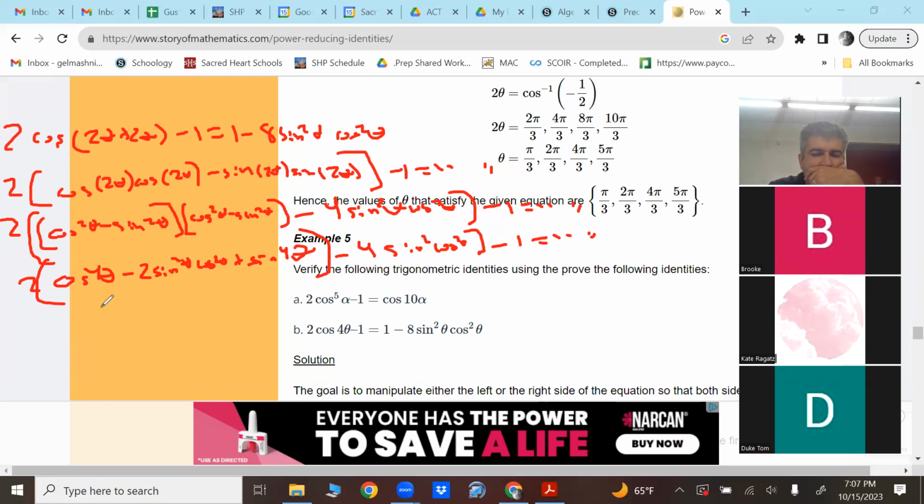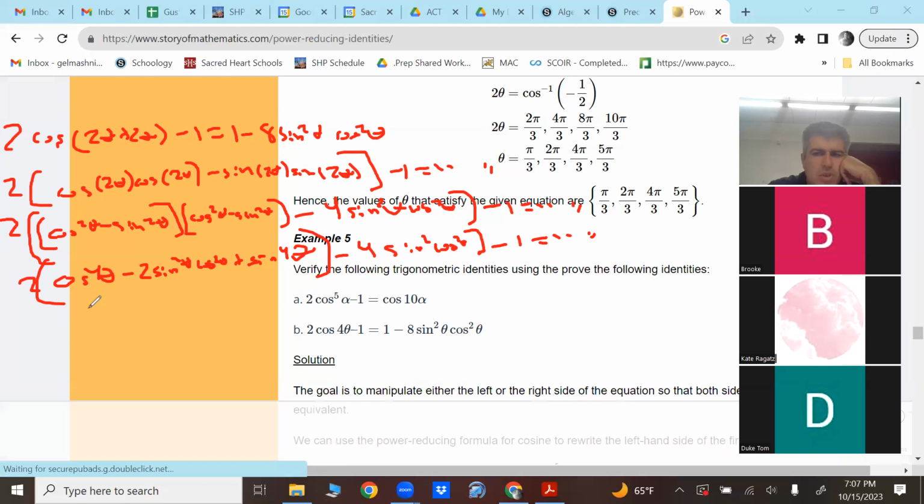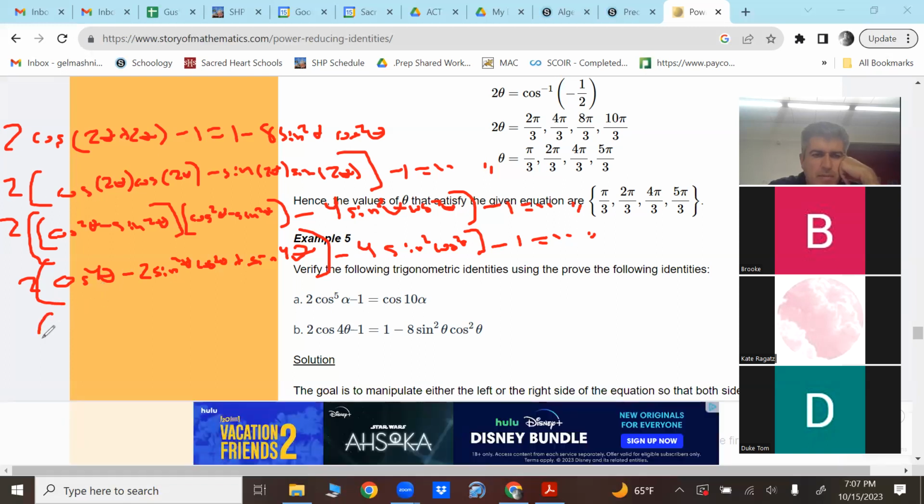You could convert that to, I guess you can make that 1 minus sine squared theta times 1 minus sine squared theta.